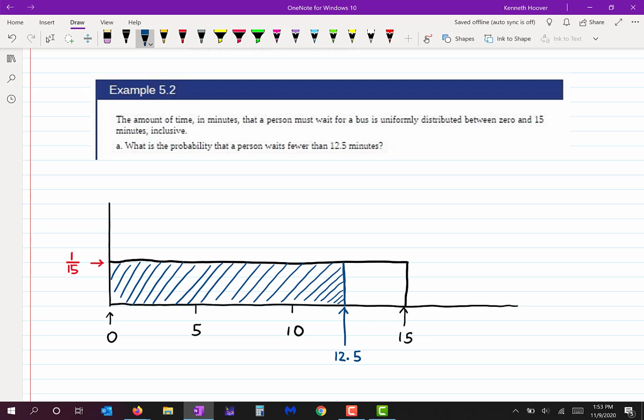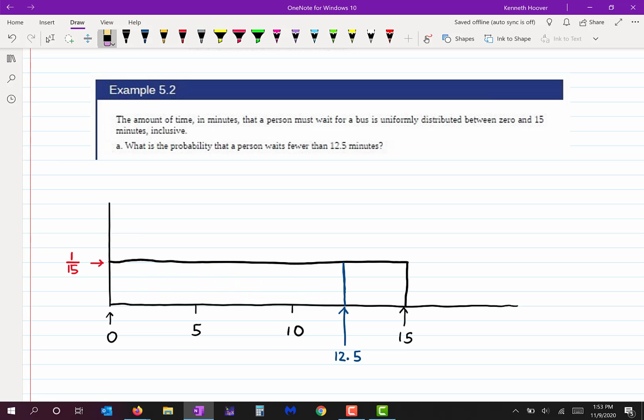Okay, well, that's easy to find, isn't it? Let's actually, in fact, I'm going to erase those diagonal lines and we'll just do the calculation right. Whoops, I did not mean to do that. We'll just do the calculation right there in the picture. What's the area of that rectangle there?